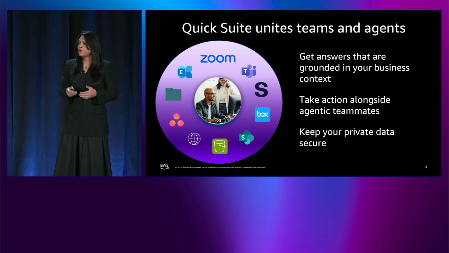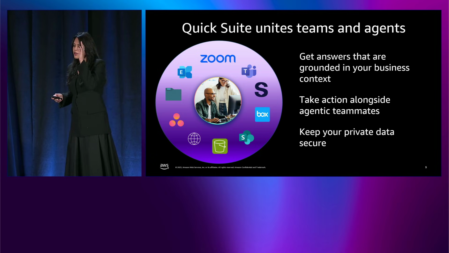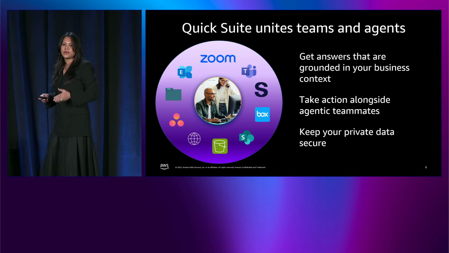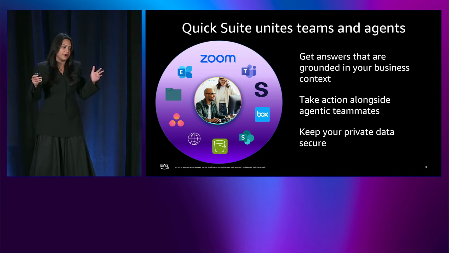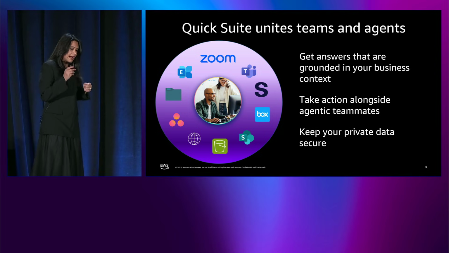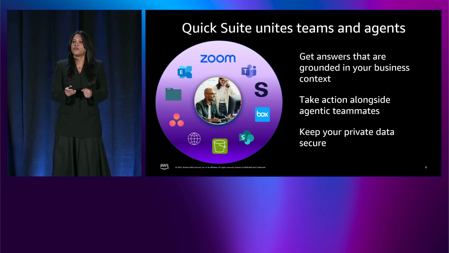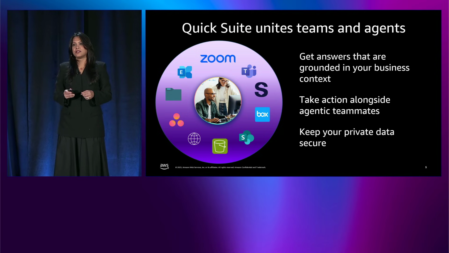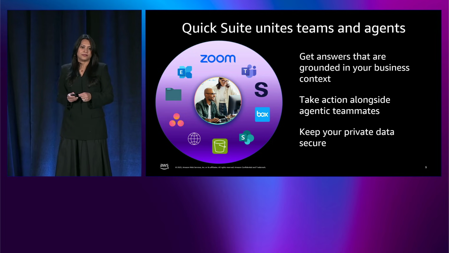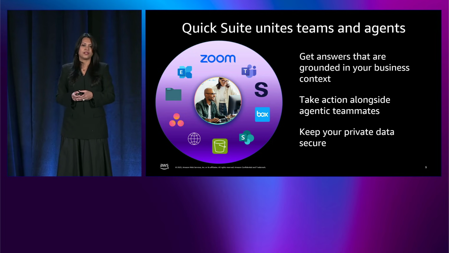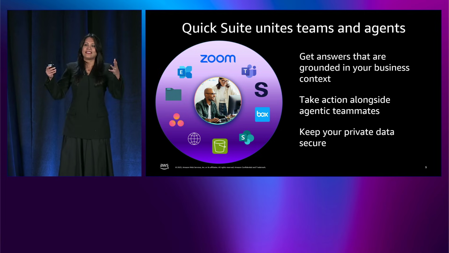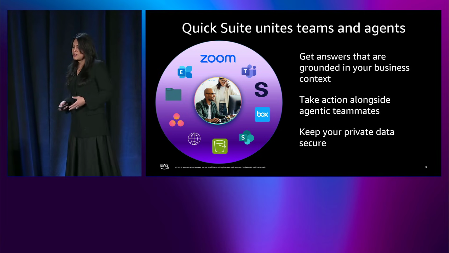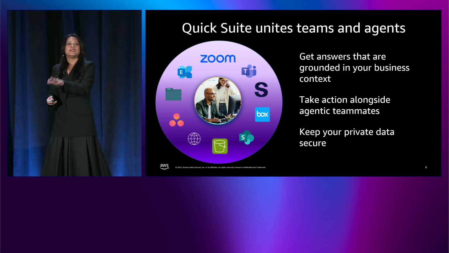If you have a need for automation, it offers Quick Automate as well as Quick Flow for orchestration work. Additionally, it offers deep research capability with your research agent. It also offers the BI capability. So you can think about Amazon Quick Suite as a unified agentic workspace for any user.